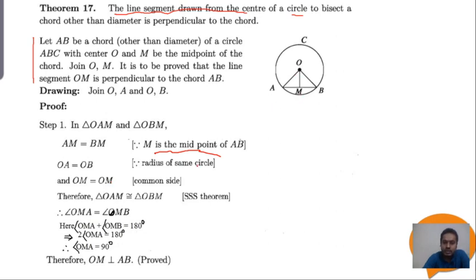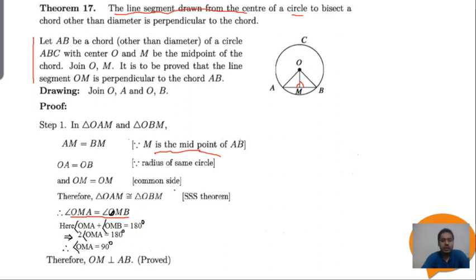Then we can easily say these two triangles are congruent. After the proof of congruence, all corresponding sides and angles are equal in the two triangles. So this angle and this angle are equal. OMA and OMB are equal. Okay, this is our proof.